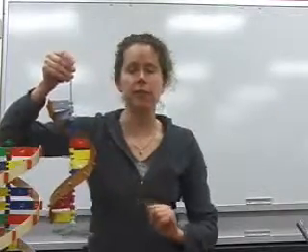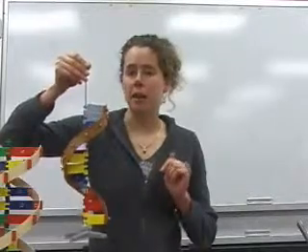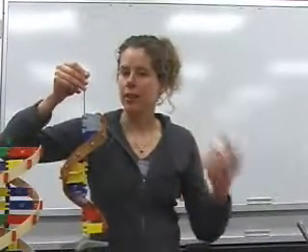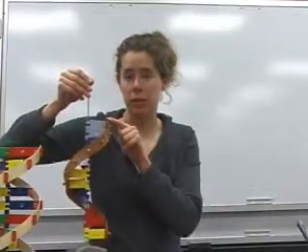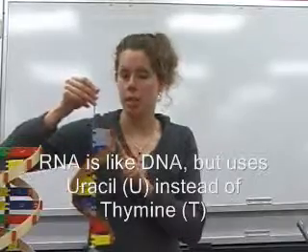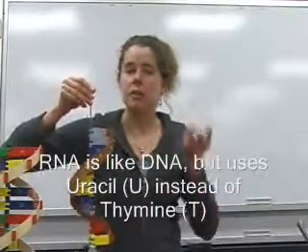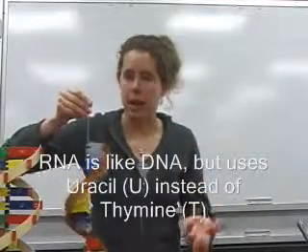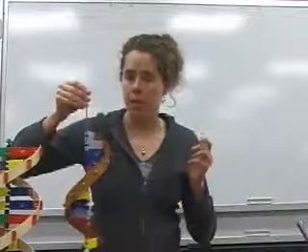The second critical difference is that when we're building an RNA molecule, we're going to replace the T's, thymines, with U's, uracils. So we're going to use A's, U's, C's, and G's to make up an RNA molecule, but our complementary base pairing rules will still apply. A will pair with U, and C will pair with G.